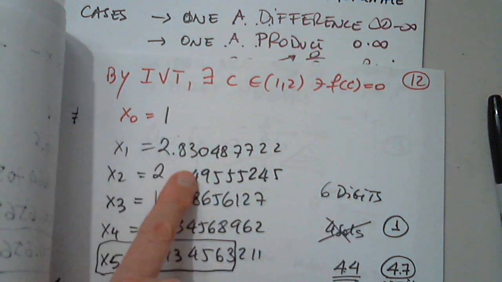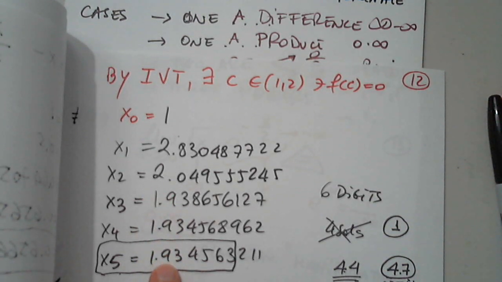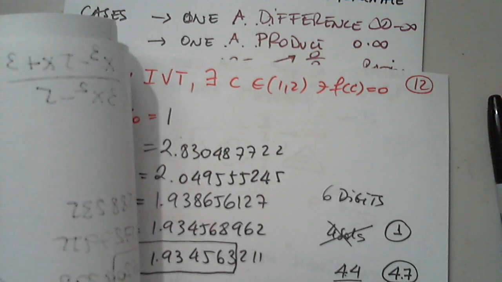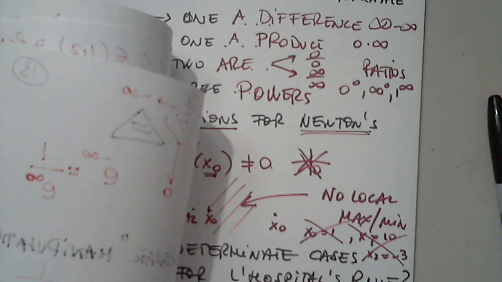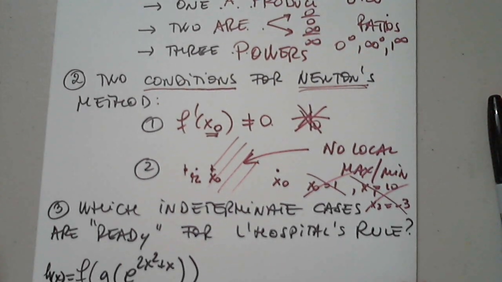We started with 1, but it jumped almost to 3. But then it went back to 2, back to 1.93, and then it continued to get closer and closer to something. Okay? So don't get scared. Just say, oops, maybe I didn't enter the function correctly. Maybe my calculator is not in the correct mode, whatever.